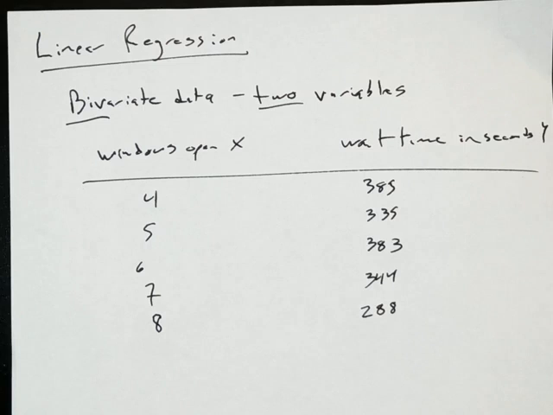Way back in chapter 3, I said the easiest thing for me to do is to visualize this. Chapter 3 was all about visualizing data. How did we visualize bivariate data?